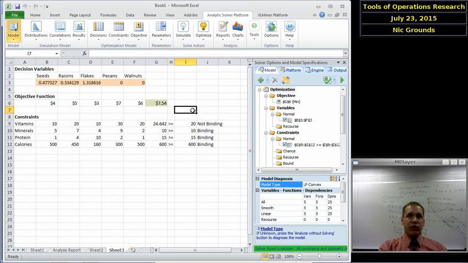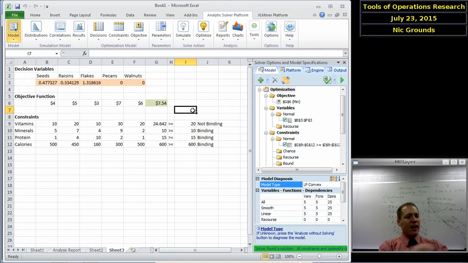Last question, what are our binding constraints? In this case, we have 5 decision variables, so there should be technically 5 or more binding constraints. Okay, so when we had a 2-variable system, we said there will always be 2 binding constraints, maybe more.